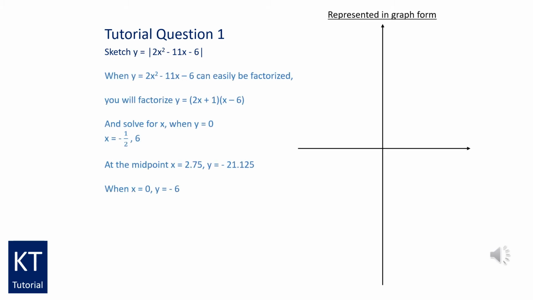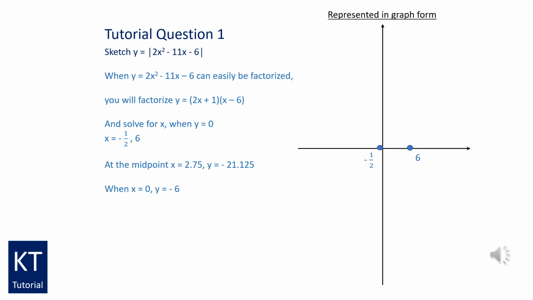As mentioned at the beginning of the video, you will start by expressing y as a function without its modulus. Apply the factorization method in this case to solve for x when y equals 0. This gives us the x values of minus half and 6, which is where the graph would intersect the x-axis.